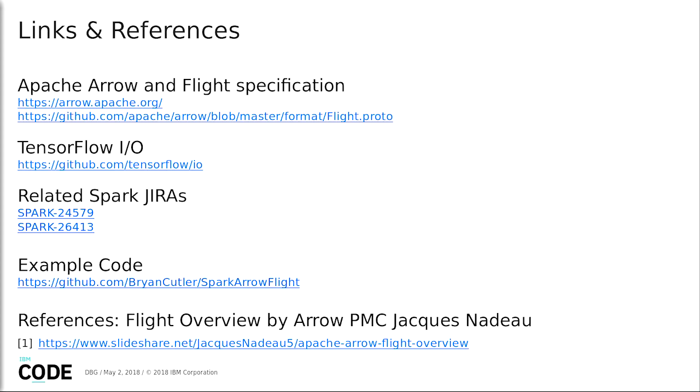This winds up being probably a related question. Can you compare and contrast Flight to just writing Arrow buffers into Kafka? I'm not too familiar with Kafka, but I know it has maybe some kind of limitations to the message size.